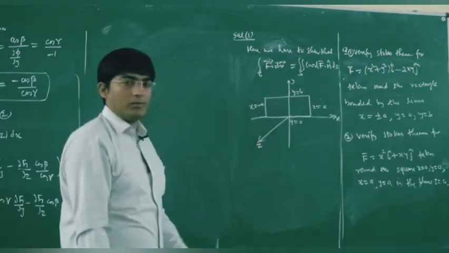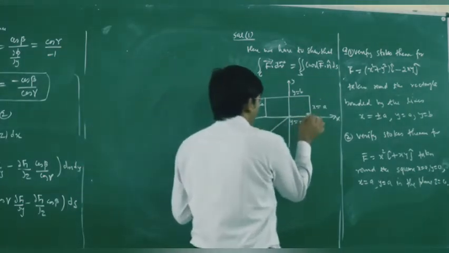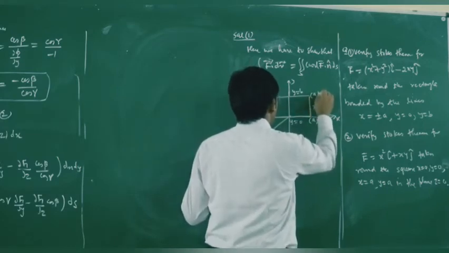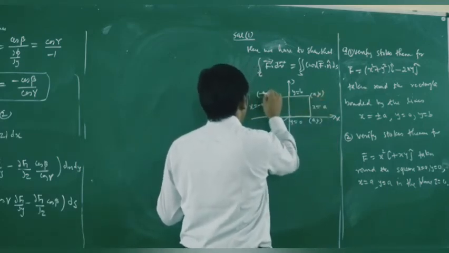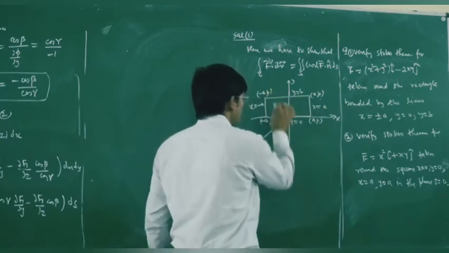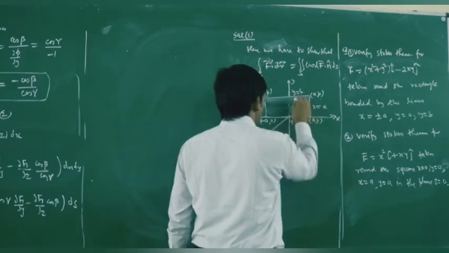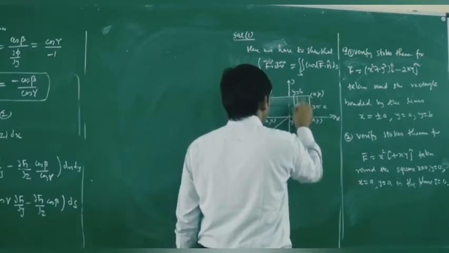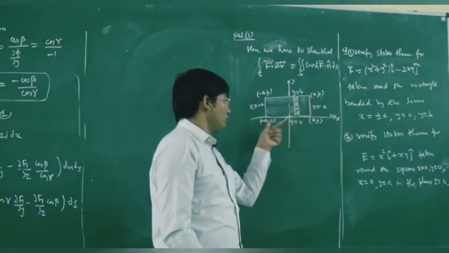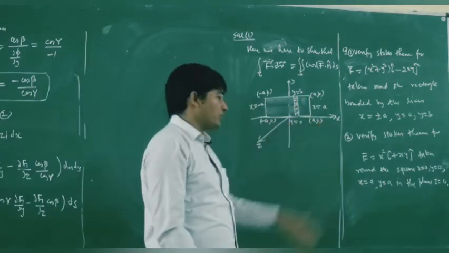Again your normal vector will be k cap, and this will be your point a comma 0, this will be a comma b, here we will have minus a comma b, and this will be minus a comma 0. So for the surface integral we will take a vertical strip, say this one, and you can see that the value of y is from 0 to b and your value of x is from minus a to a.